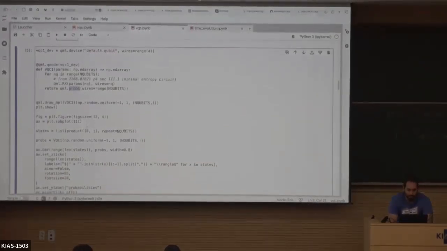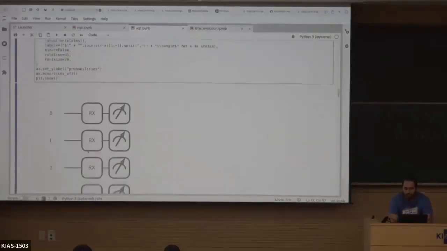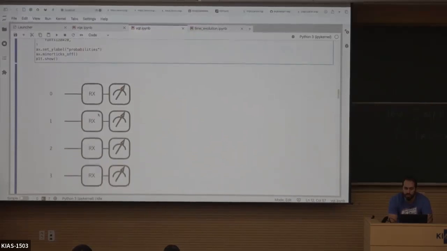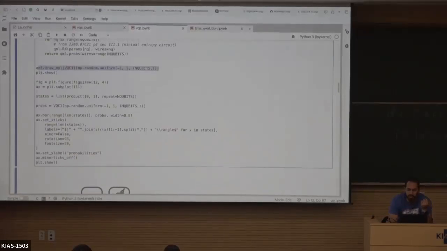To show you what's going on, I draw the circuit as I showed you. It's just Rx gates randomly initialized. That's the minimal entropy circuit. Then I'm initializing with a different circuit.